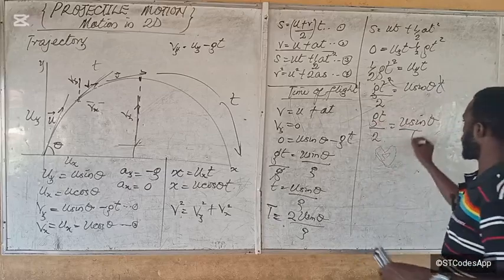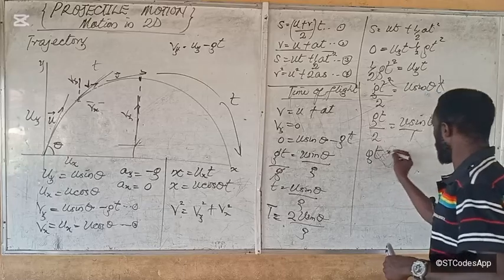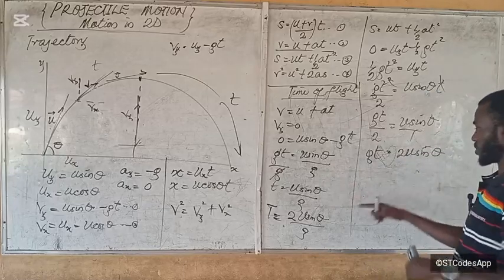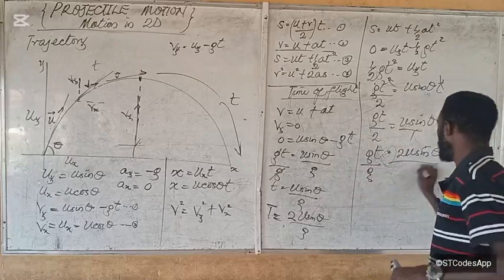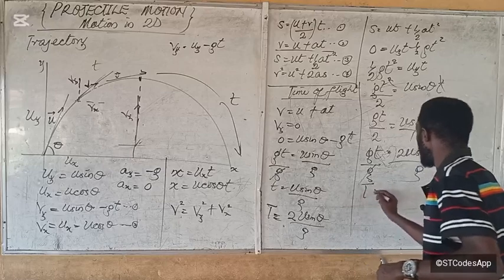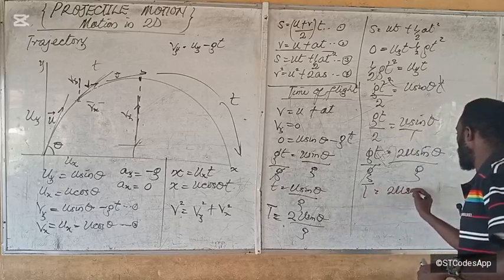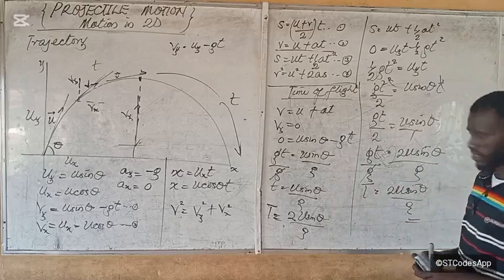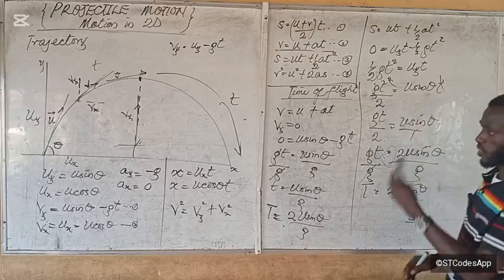By the time you cross multiply, you have gt equal to 2u sine theta. Yes, it's already looking like it. Do you see that? So divide both sides by g. So we have t equal to 2u sine theta over g. Okay? All right. So this is another way to derive the total time of flight.